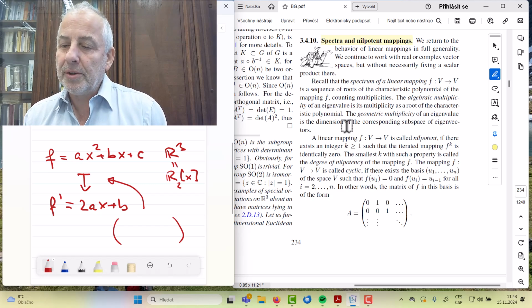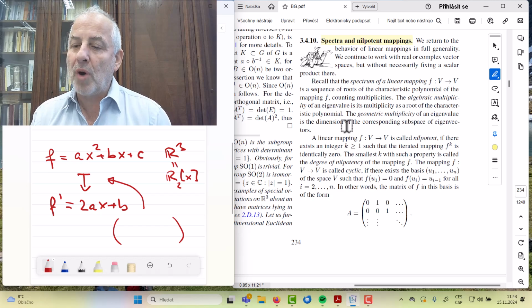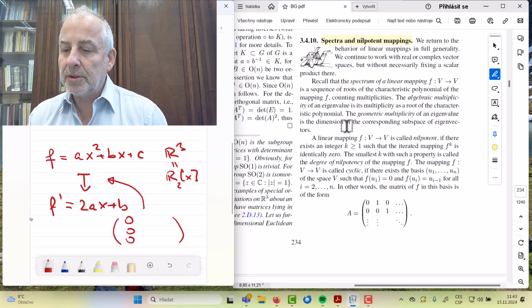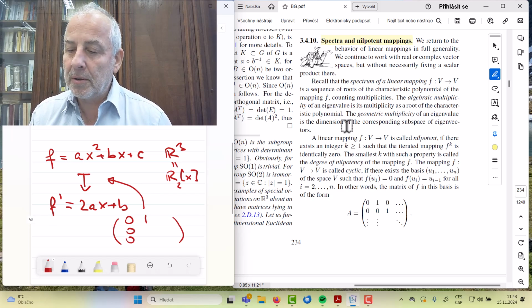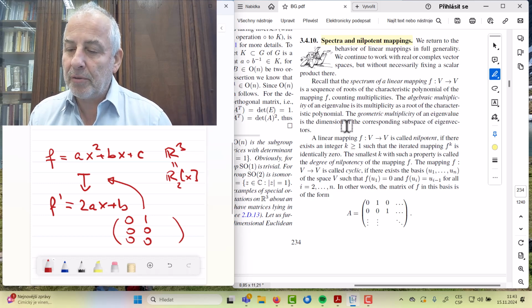So if the basis vectors are x to the 0, x to the 1, x to the 2, then the first one goes to 0, the second one, which is just x, goes to 1, 0, 0, and x squared goes to 2x, so 0, 2, 0.